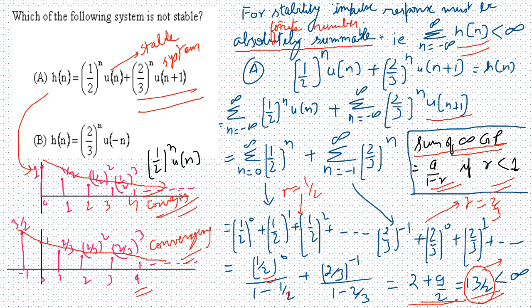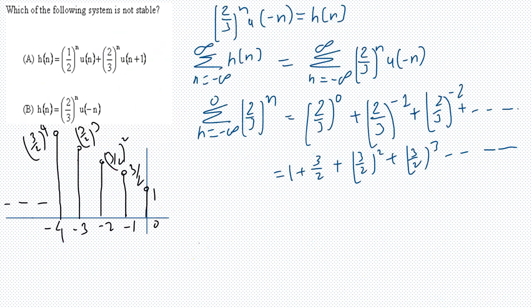Now let's see what is the state of the second system. The second system I have written in a similar form. Here I am again summing it up to find whether it is absolutely summable or not.